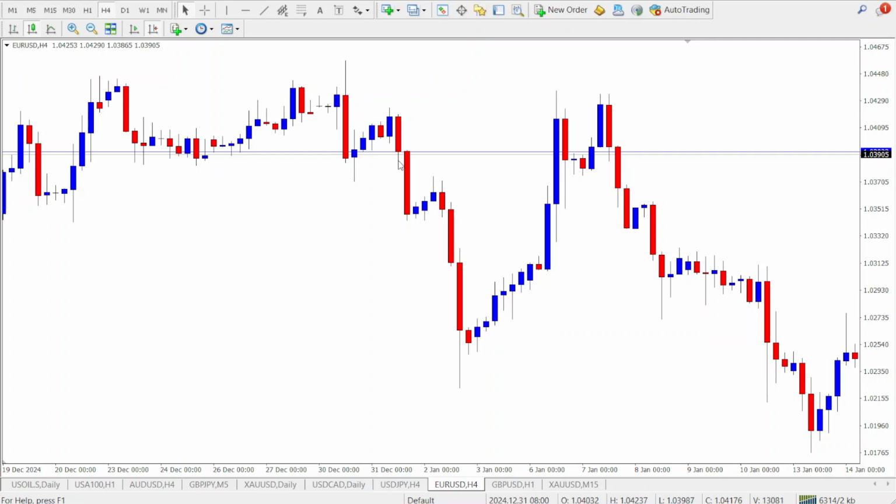This is the 4-hour chart, and this is a candle in the 4-hour chart. It means that this candle represents 4 hours of price activity. Each candle here represents 4 hours of price activity. If you go to the 1-hour time frame, it means each candle represents 1 hour of price activity. If you go to the 1 minute time frame, it means each candle represents 1 minute of price activity.